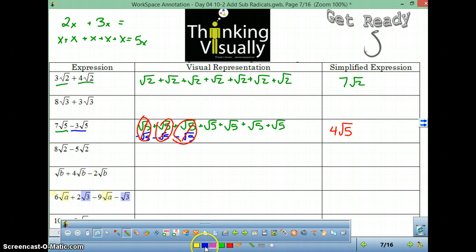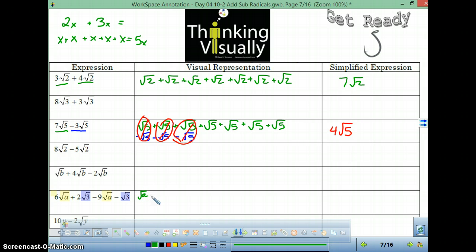So we'll start with green. Let's write out all of our root a's here. I've got 6 root a's. Root a. I'm not going to add the plus signs this time because I'm quickly going to run out of room. This is a big problem. Okay, I've got 6 root a's.